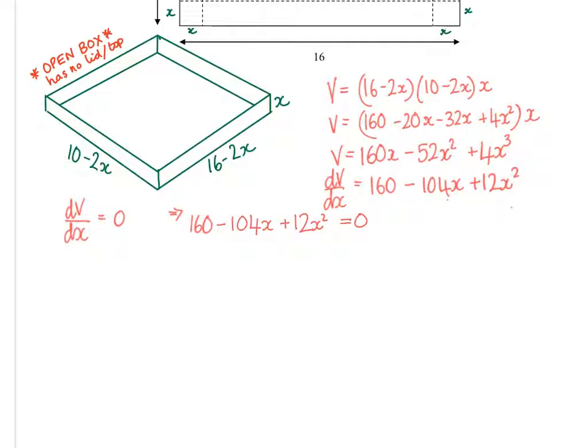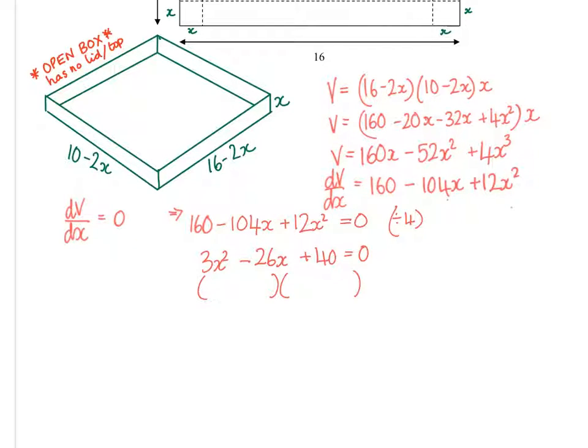I'll make the numbers a little bit easier because I think we can divide through by 4 here. And if we do that, and put it in order as well, we'll get 3x squared minus 26x plus 40 is equal to 0.